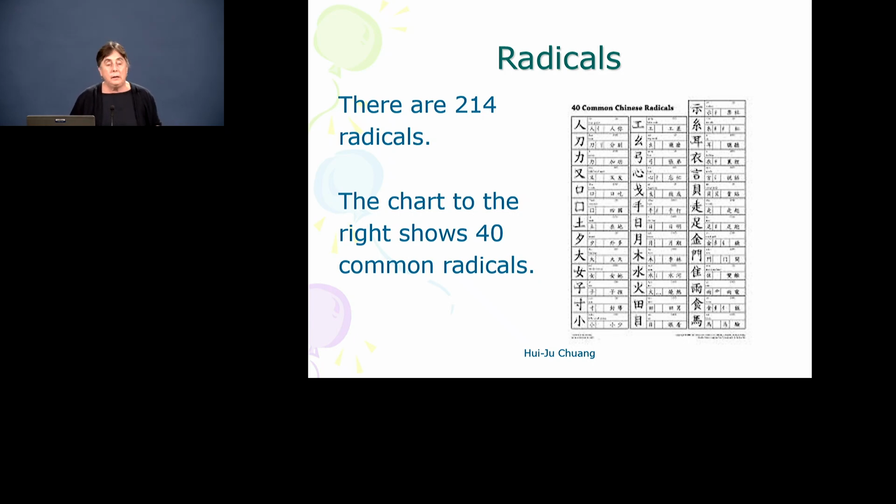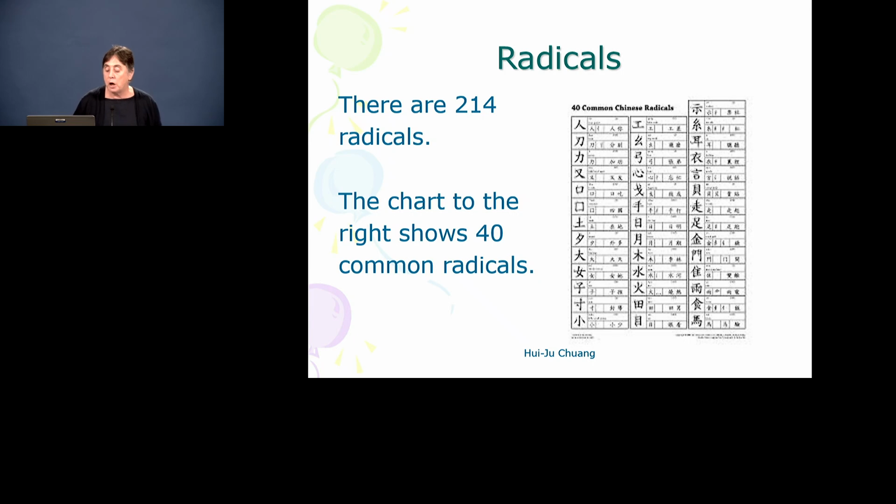As I mentioned earlier, the most common way of producing characters, and the way that characters are organized in a dictionary, for example, is that there is a meaning part to it and a sound part to it. Over time, there have been developed a standard 214 meaning parts, and we call these radicals, okay?